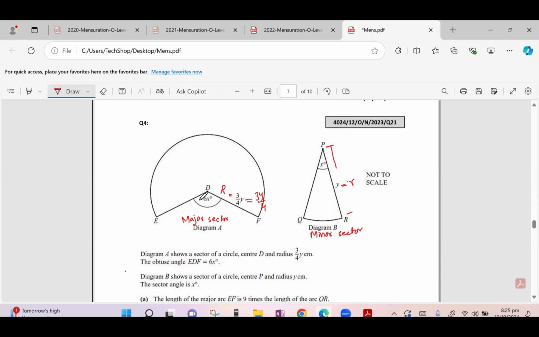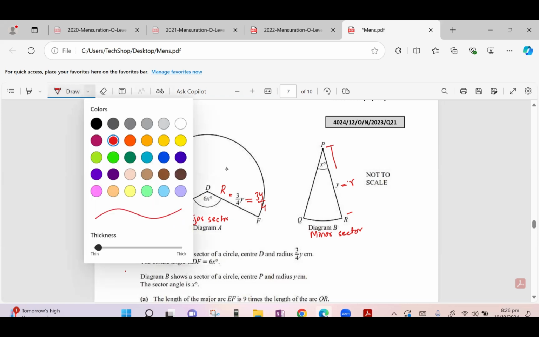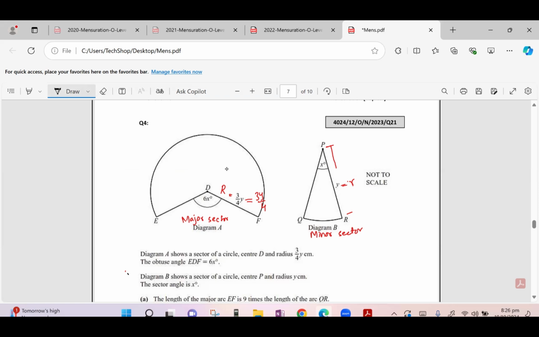Third thing is, you should know the inner angle of the sector. This is the minor sector, and I know the angle of the sector is x here. But in the major sector, we don't know the angle of the sector. So, Ryan, can you find the angle of this sector? We do 360 minus 6x.